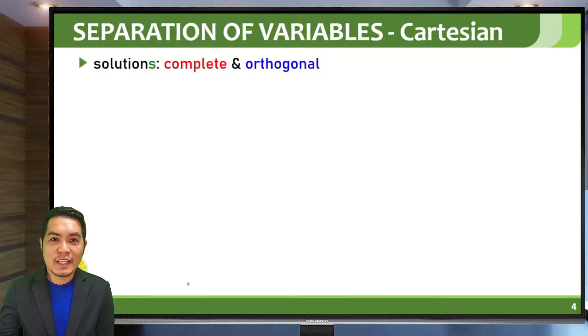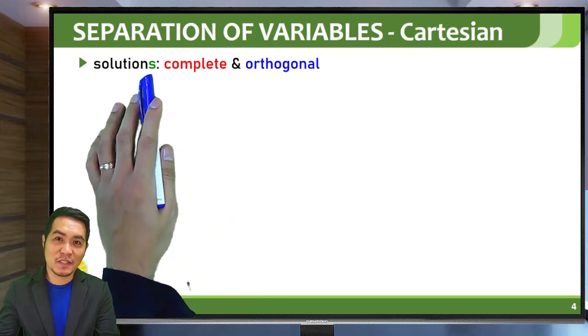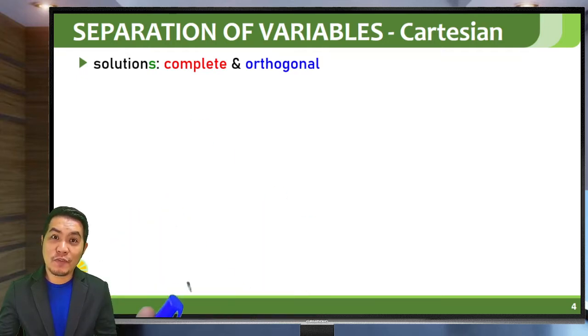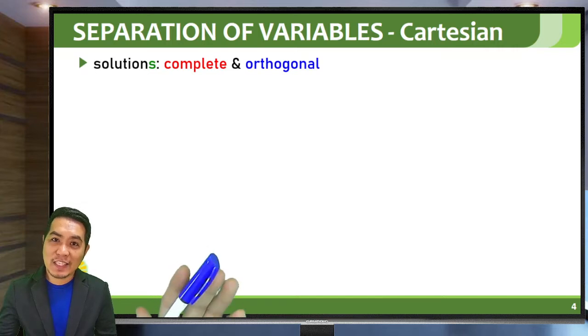In the solution to the Laplace equation, in general, the solutions are complete and orthogonal. We emphasize solutions because there could be more than one solution. Say V1 is a solution, V2 is a solution, and V3 is a solution.